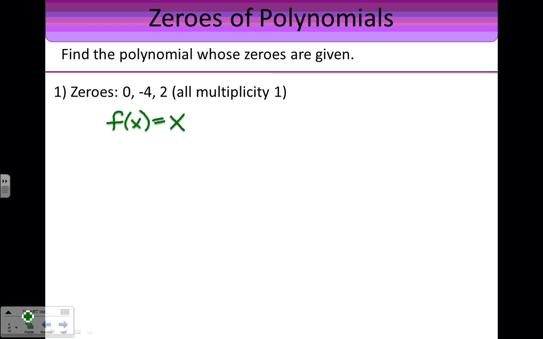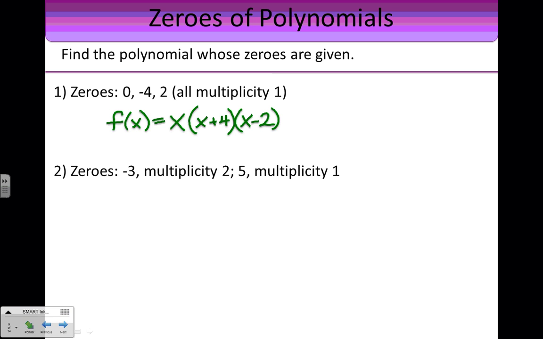Since it's a multiplicity of 1, just x to the first power. If our 0 is -4, that means in our function we had x plus 4 with a multiplicity of 1, so to the first power. If we had a 0 of +2, that means we had x minus 2 in our function.